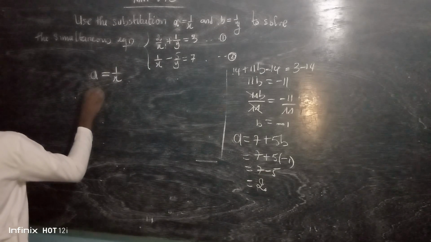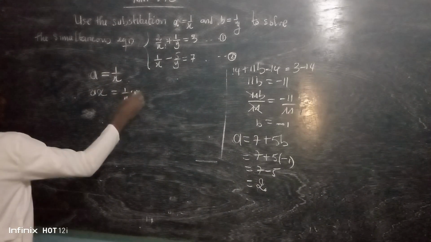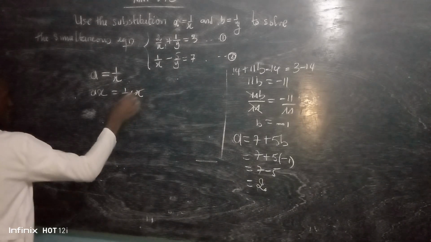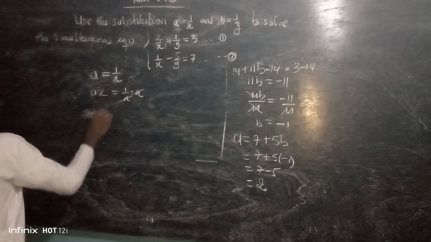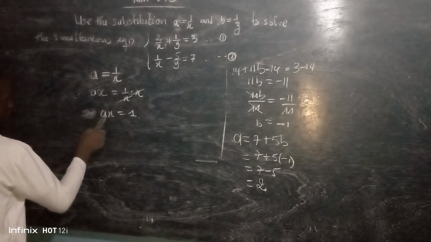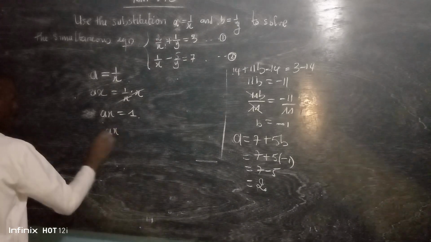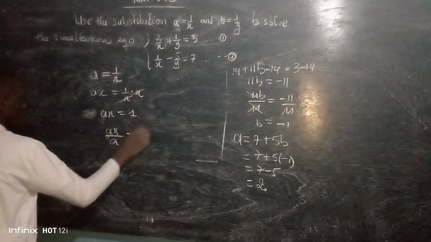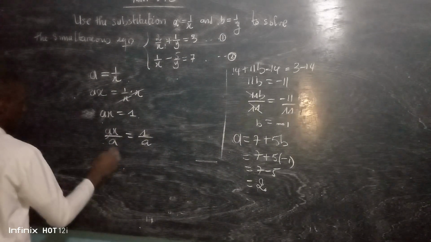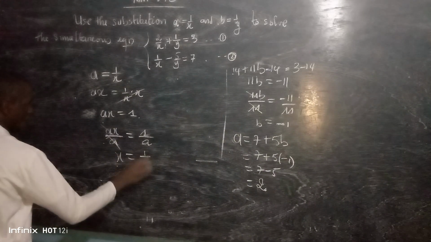So I have a times x, ax equals what? 1 on x times x. So at the end, this x will cancel this x, leaving ax equals 1. The next step is to divide both sides by a, since I want to make x the subject. So I have ax divided by a equals 1 divided by a. So this a will cancel with this a, leaving x equals 1 over a.